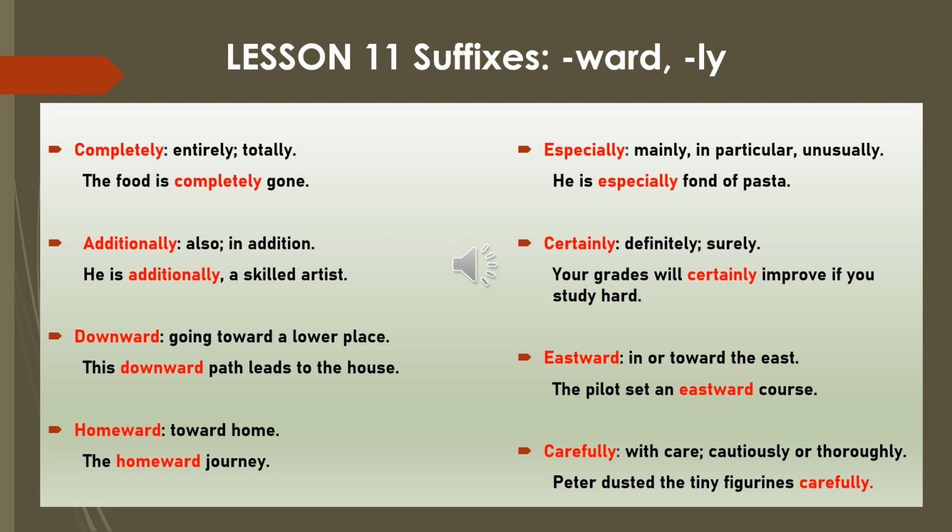The sentence is, the food is completely gone. The next spelling word is additionally. The meaning is also, in addition. The sentence is, he is additionally a skilled artist.